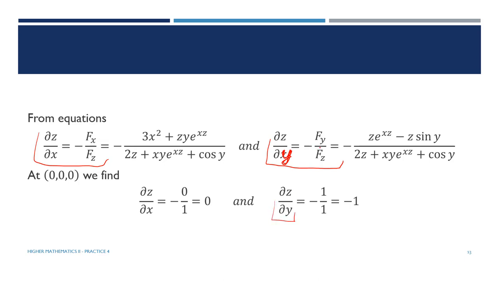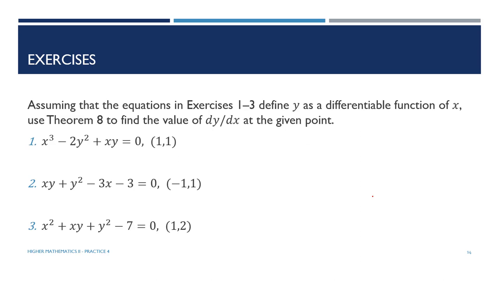I wrote here dz/dy, but there dz/dx again. Now we've just calculated that and plug in 0, 0, 0. Instead of x, plug in 0. Instead of z, plug in 0. Instead of y, 0. E to the 0 times 0. So on the numerator we'll get 0, on the denominator is 1. 0 over 1 gives me again 0. In the next part we'll get 1 on the numerator, 1 in the denominator. So negative 1 over 1 gives me negative 1, of course.